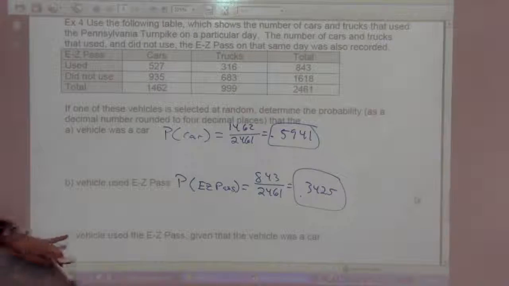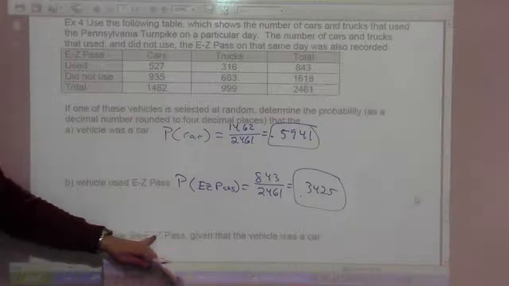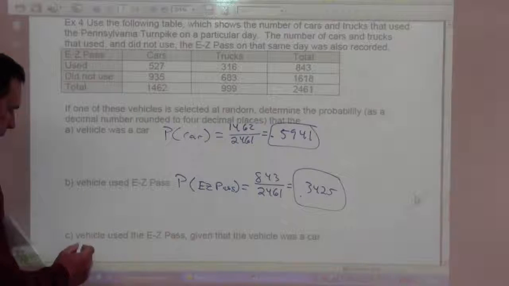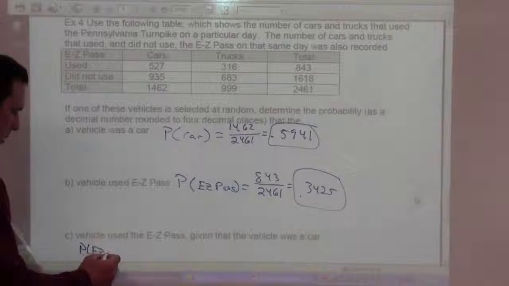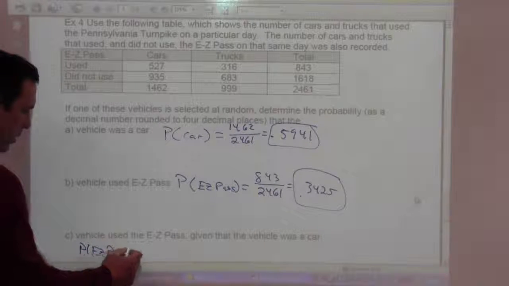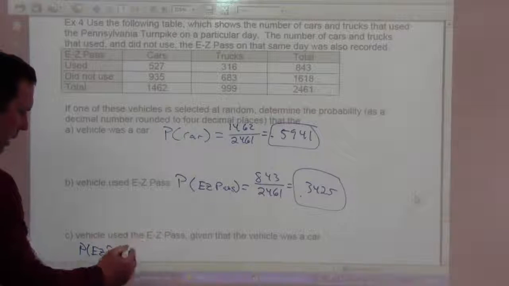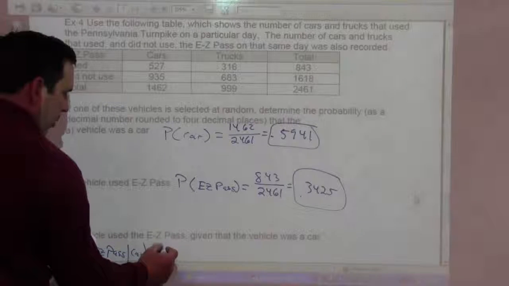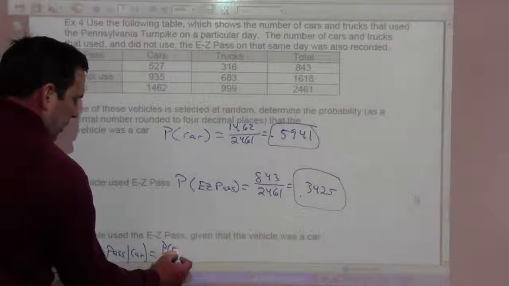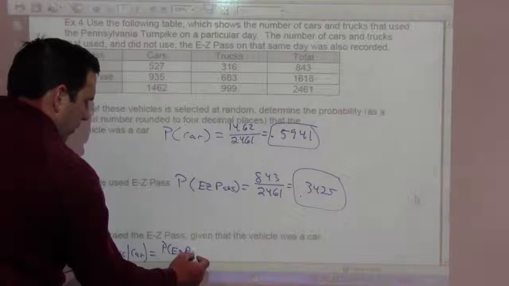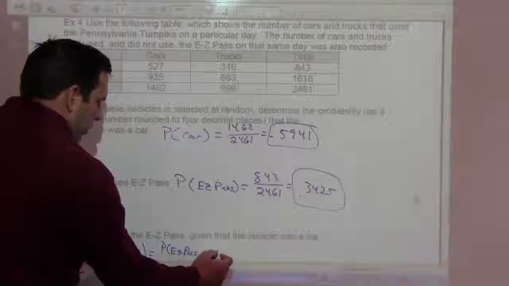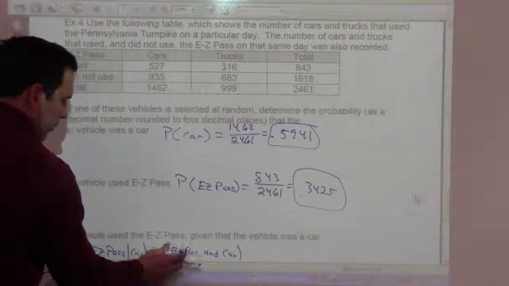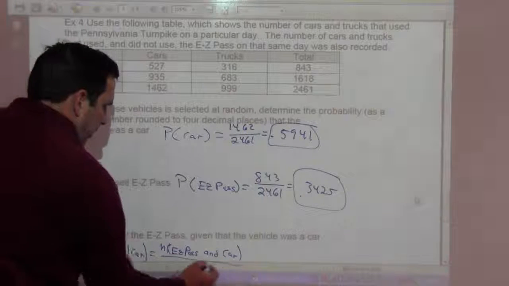So C says, what's the probability that the vehicle used Easy Pass given that the vehicle was a car? So here we have probability of Easy Pass given that it's a car. So that's going to be the number of Easy Pass users and cars, divided by the number of cars.